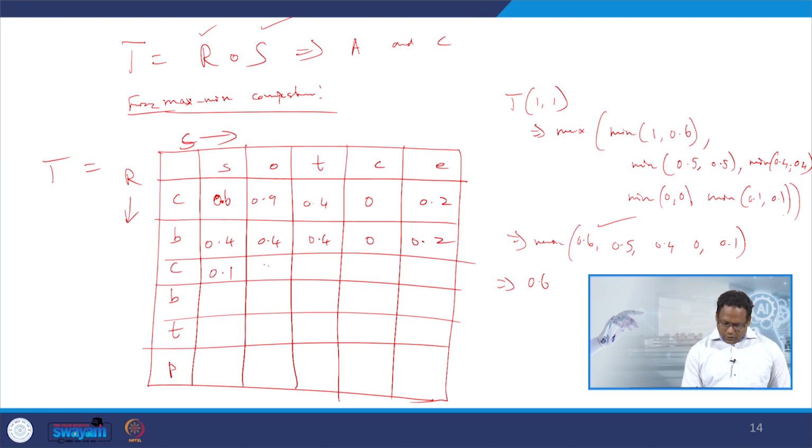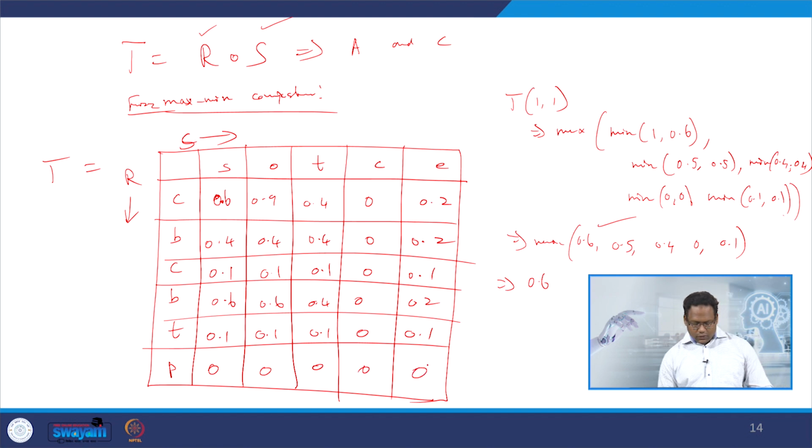Then third row is coming out to be 0.1, 0.1, 0.1, 0 and 0.1, and fourth row is 0.6, 0.6, 0.4, 0 and 0.2. Finally, the fifth row is 0.1, 0.1, 0.1, 0 and 0.1, and the last row for the plateau is 0, 0, 0, fully filled with 0 elements.